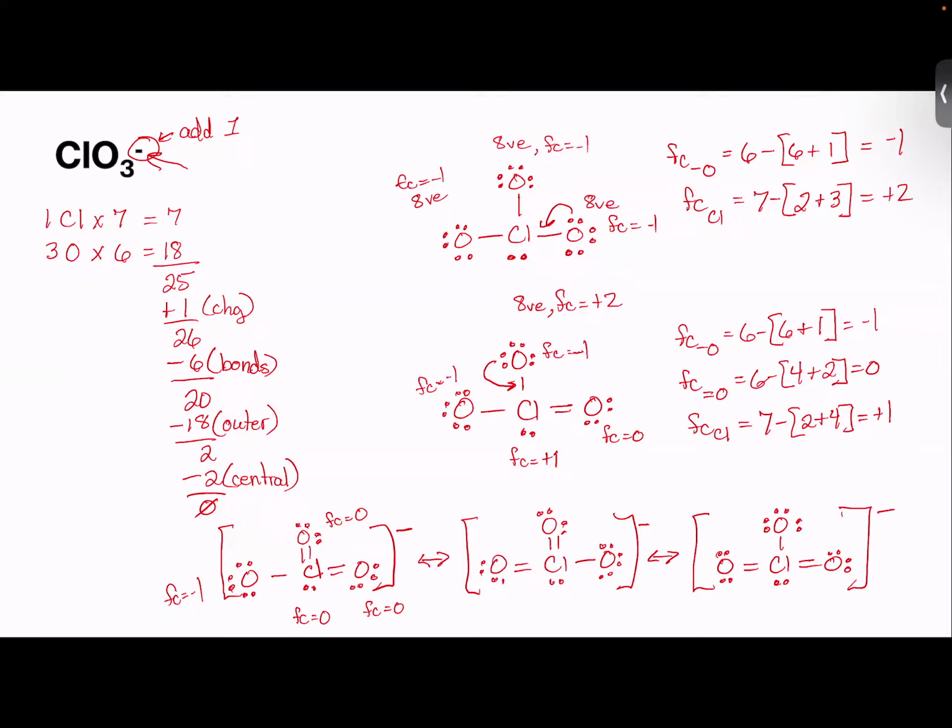So this would be the Lewis structure for the chlorate ion.